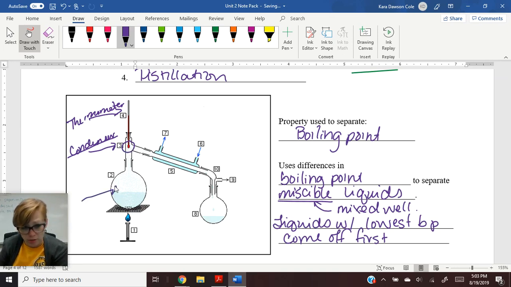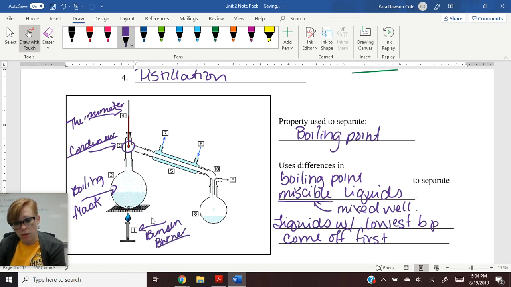You have a boiling flask that has a Bunsen burner or some type of heat source, essentially. You have water in and water out.